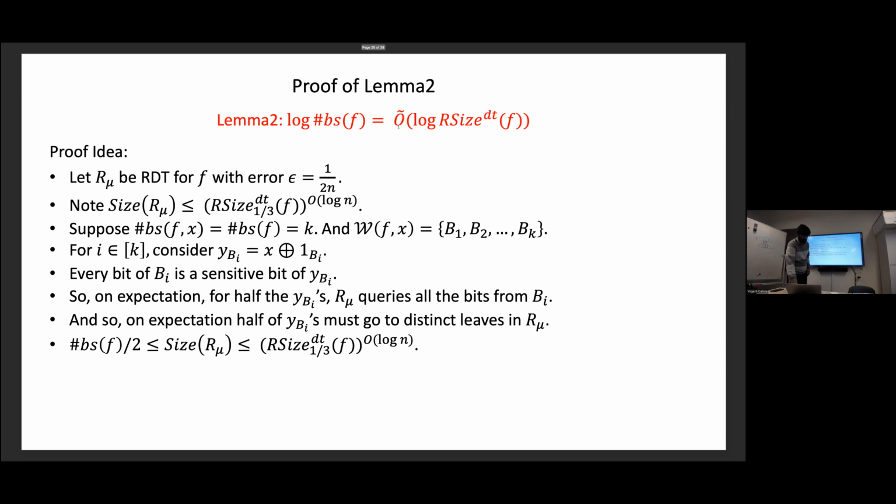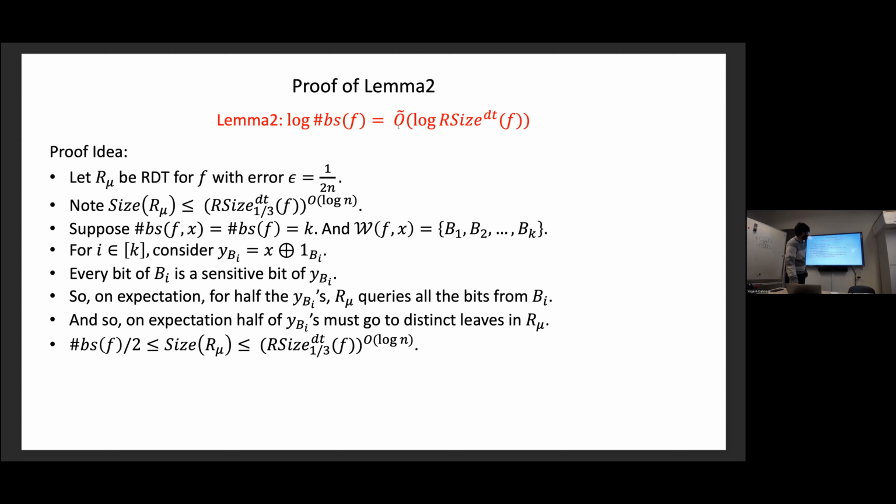And that means there exists some decision tree in the support of this randomized decision tree with error parameter 1/2n where all these inputs go to distinct leaves, so the size will be at least half the block number. And that's the end of the argument.